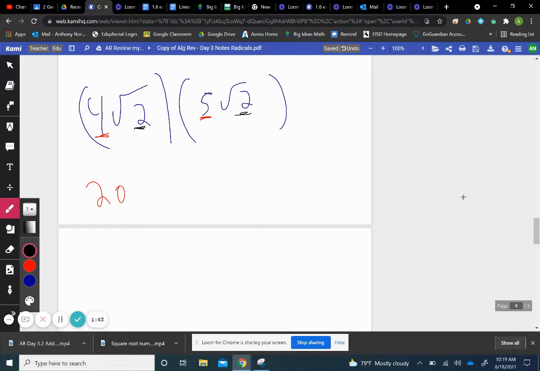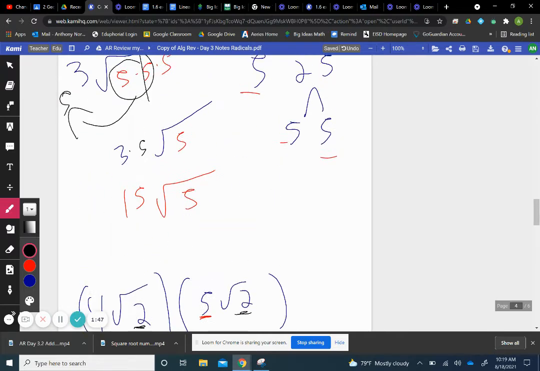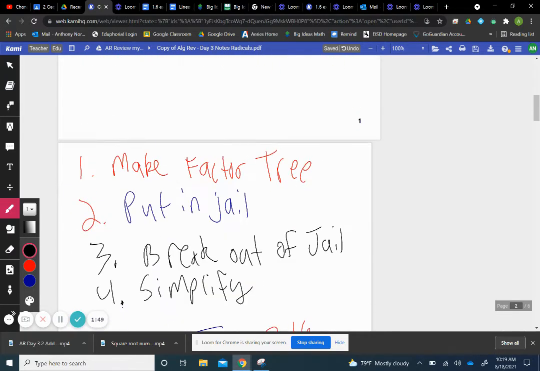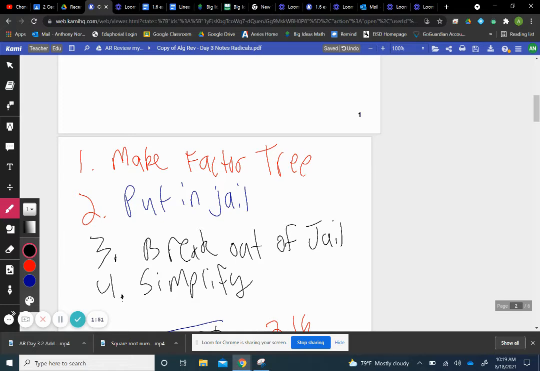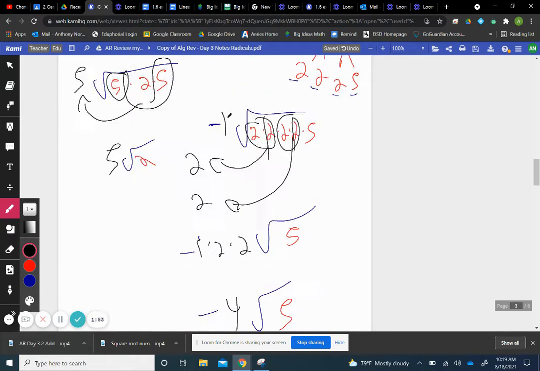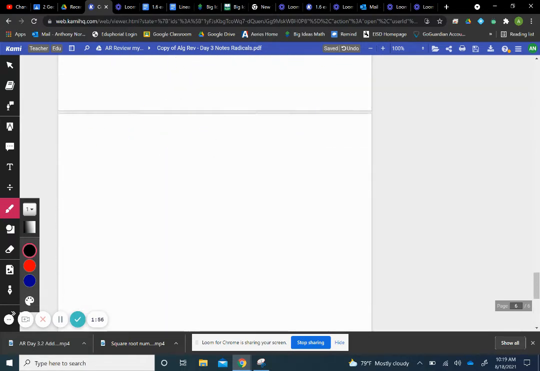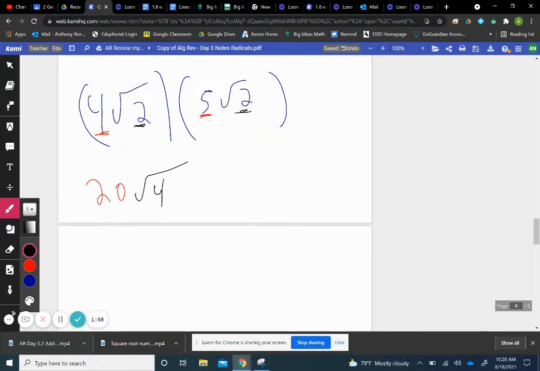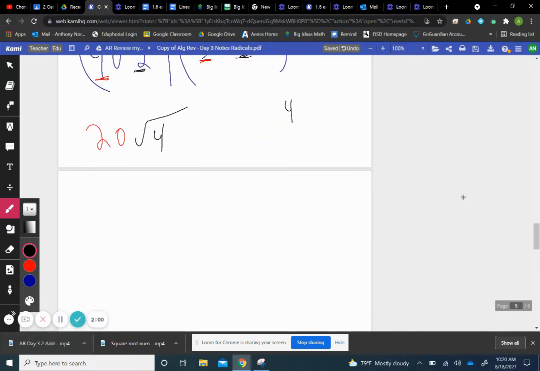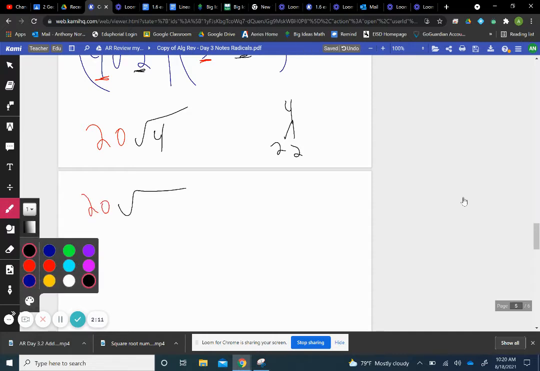Next, we multiply the insides. That's the square root of 4. Again, we go through our steps. Make a factor tree, put in jail, break out of jail, simplify. If you already know how to simplify this, you can go ahead and do it. 4 breaks down into 2 times 2. So we have 20 square roots of 2 times 2.